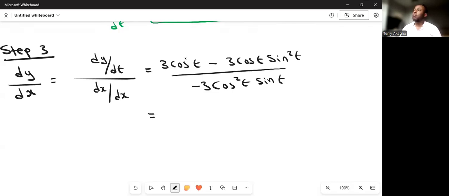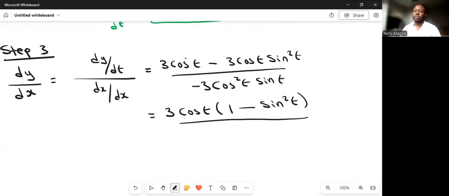So now I can simplify the numerator. We're going to have this to be 3 cos t into bracket 1 minus sine squared t, divided by, we can also bring out 3 cos t here. Does that make sense? So we can have 3 cos t. Then we're going to have minus, we still have 1 cos t left, and we also have the sine t.